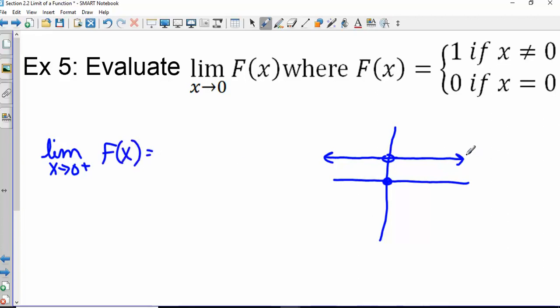So what's the limit as x approaches 0 from the right? If I'm coming in with things bigger, it's going to 1. As you approach 0 from the left, what y value are we getting close to?